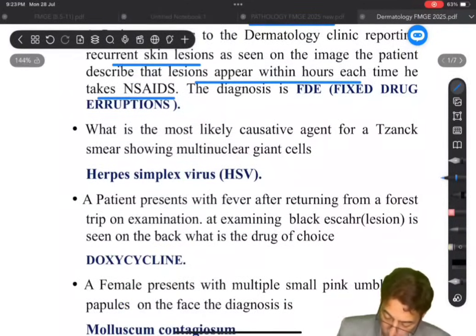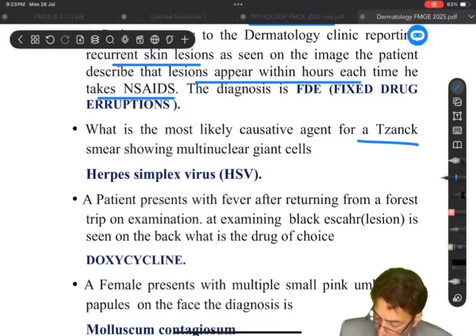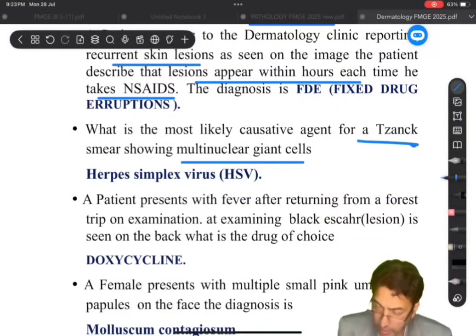Now, what is the most likely causative agent for a Tzanck smear showing multinucleated giant cells? So you have to remember that there is this patient who has got multinucleated giant cells on Tzanck smear.